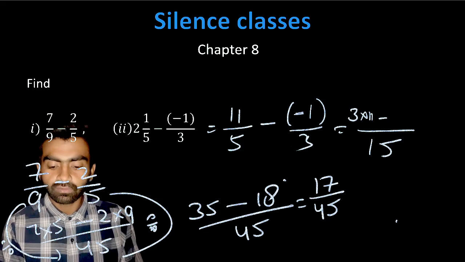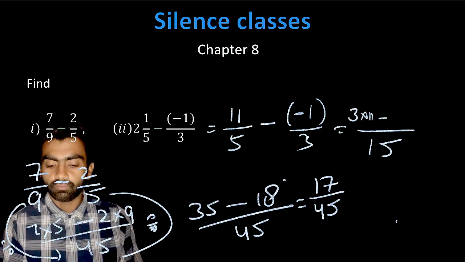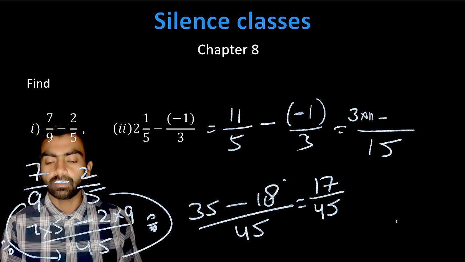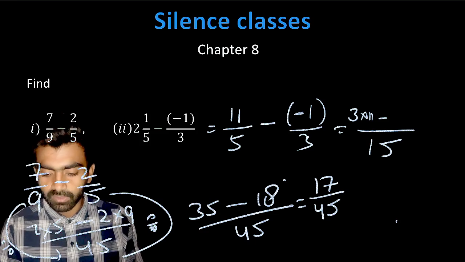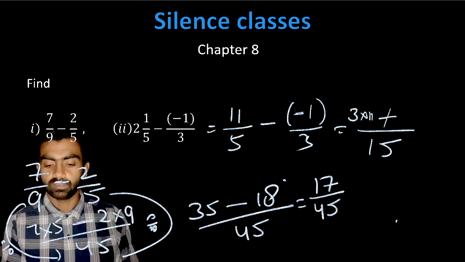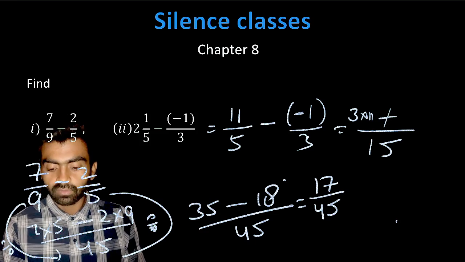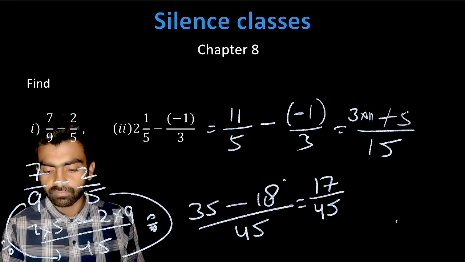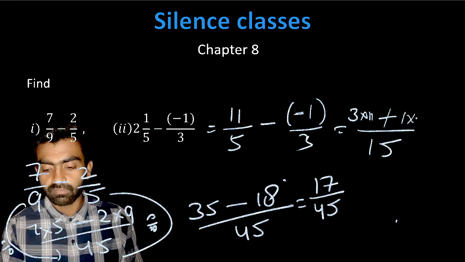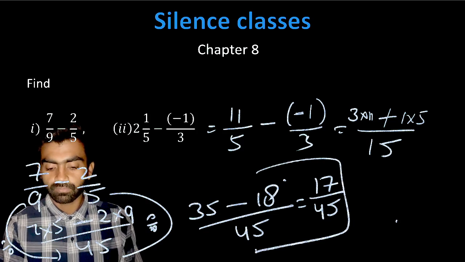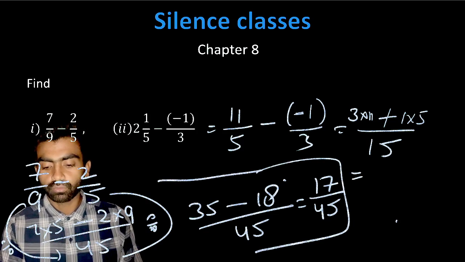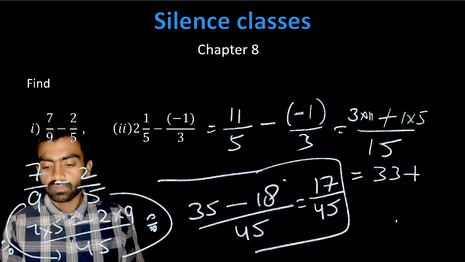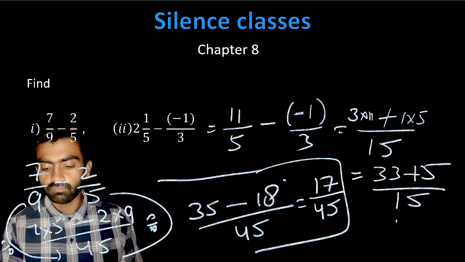Once I open the bracket, minus will become plus, so we can directly put the plus sign here. 3 5s are 15 and 15 divided by 3 is 5, so 1 multiplied by 5 we can write down. So now we write 33 plus 5 upon 15.